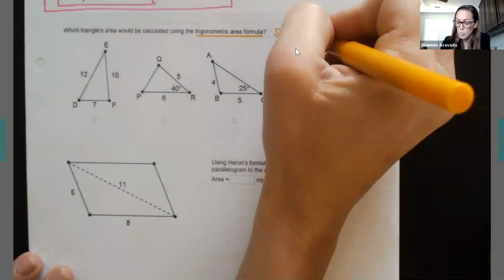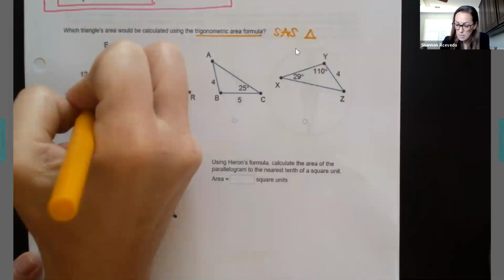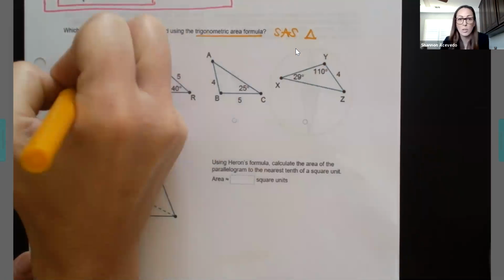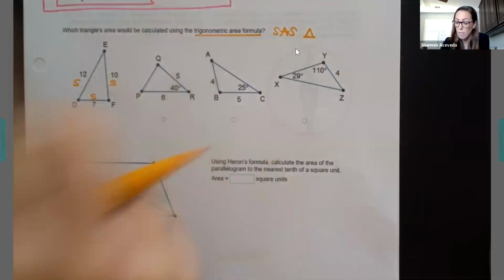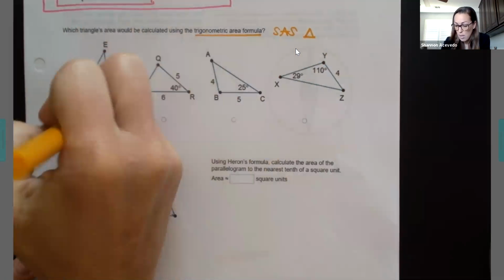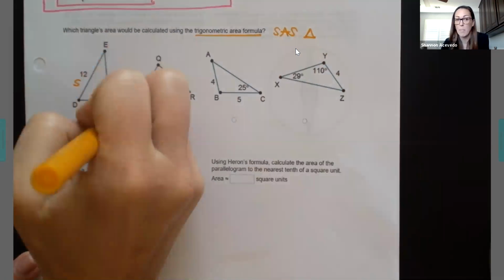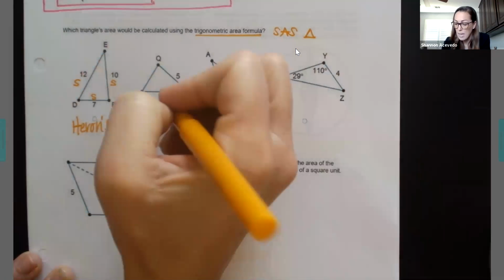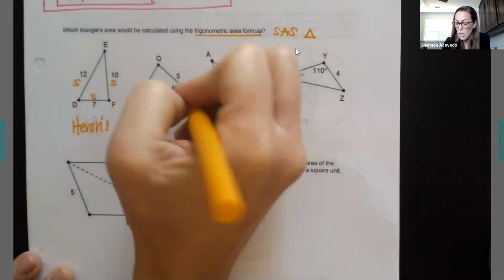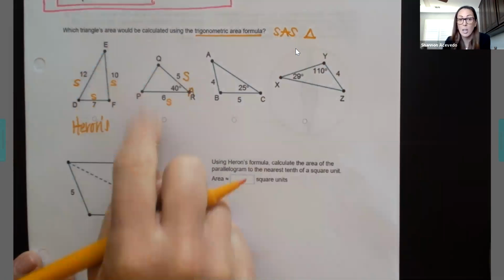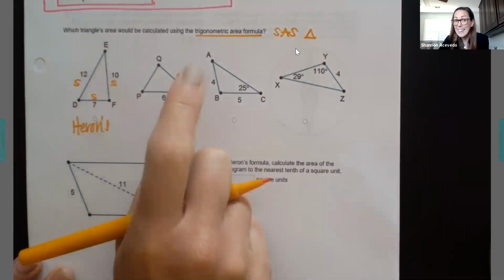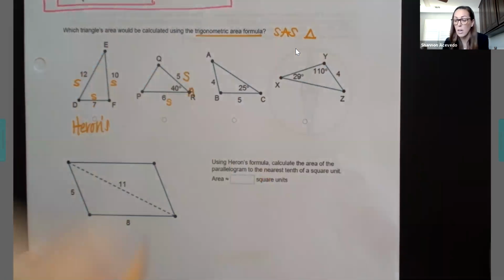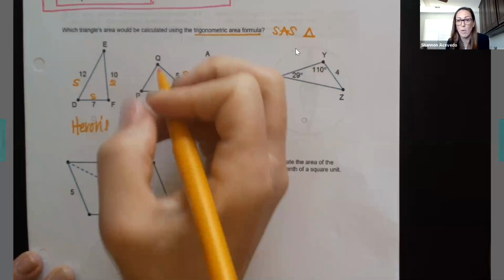When I look at this first one, I'm given a side, side, side. So that's not trigonometric. This one, we could solve the area using Heron's formula. That doesn't answer the question. This one here is a side, angle, side. Notice that it's the two sides and the angle in between. That's the included angle. This is the one that we could use our trigonometric area formula for.